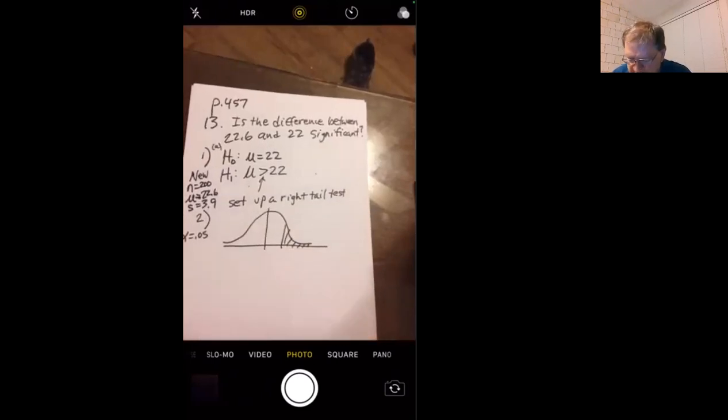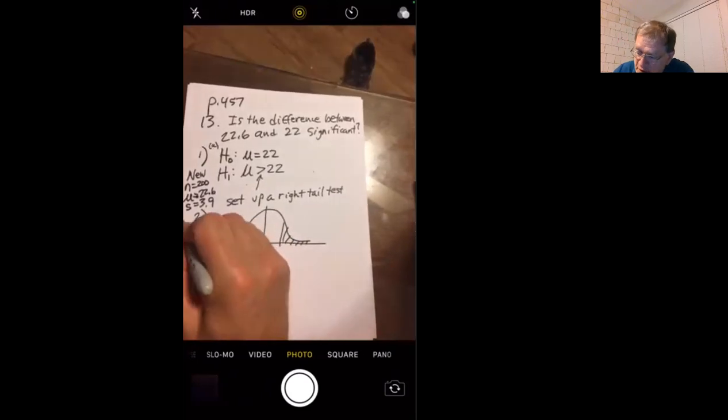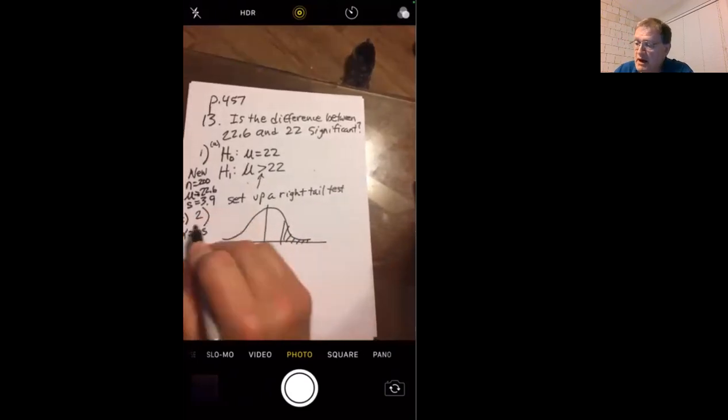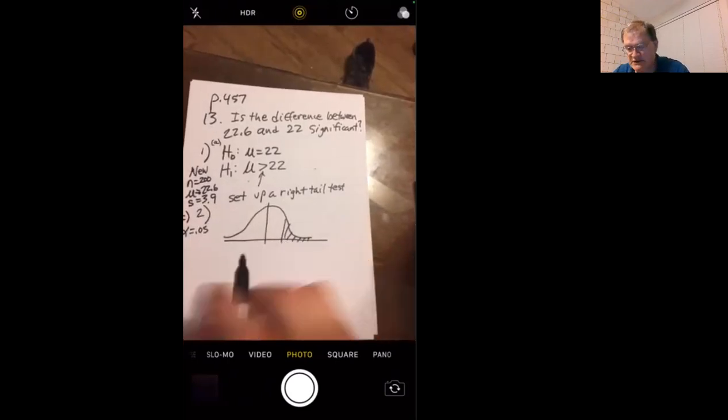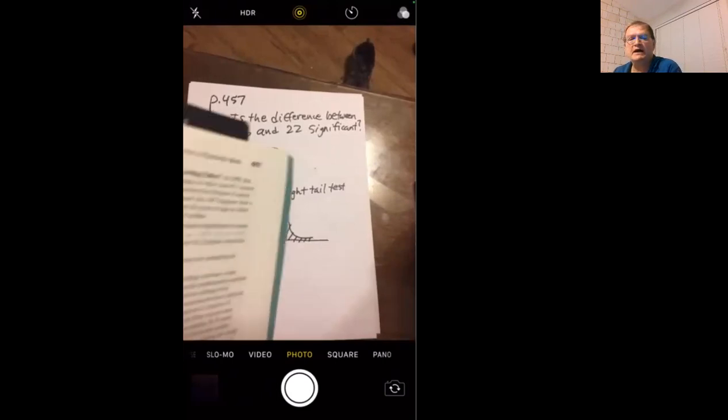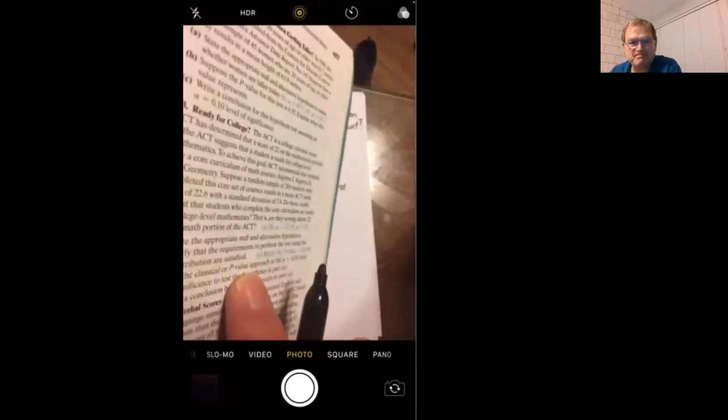Now we're ignoring B on this one. If you look at the assignment, we're not going to verify the requirements are met. Not going to mess with that. So I'm really doing part C here from the book. I'm calling it step 2, meaning use, notice it refers to a classical or p-value approach. We're going to ignore p-value. I'm doing a classical approach.